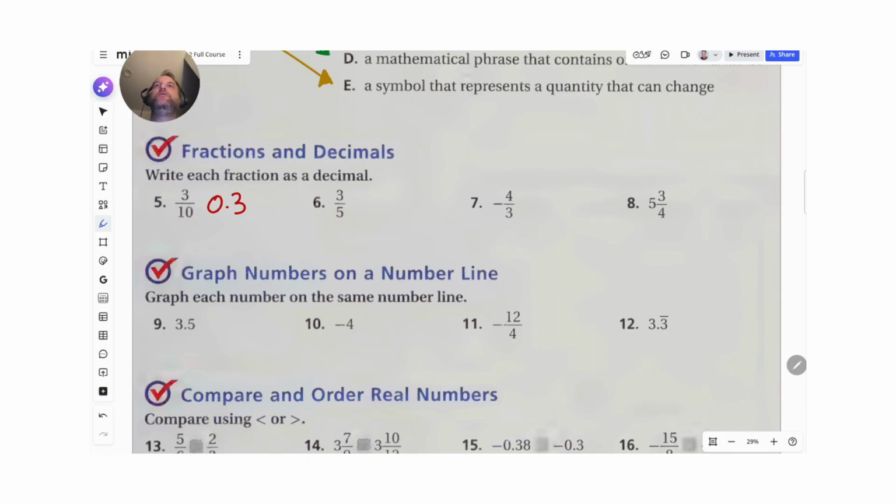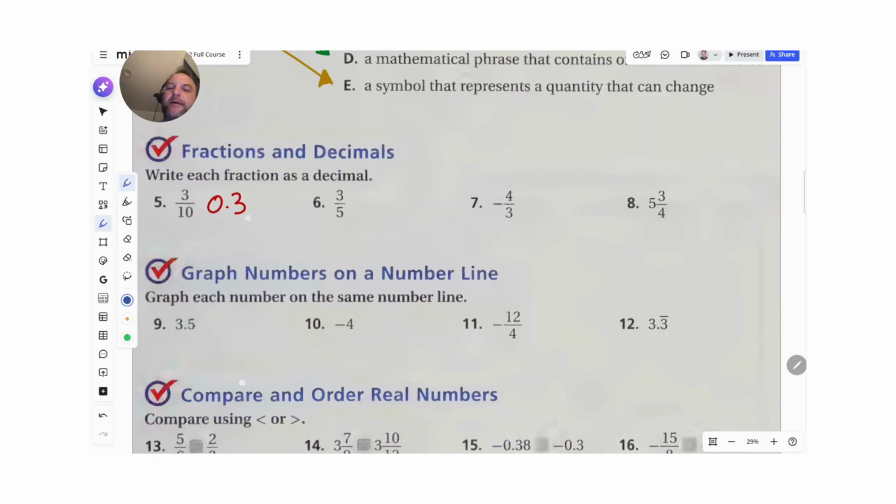3/5 as a decimal. Now 5 doesn't fit into 10 the same way, but it does divide into 10 evenly. So let's think of equivalent fractions. For example, which fraction would be equivalent, or which fraction would have a denominator of 10?